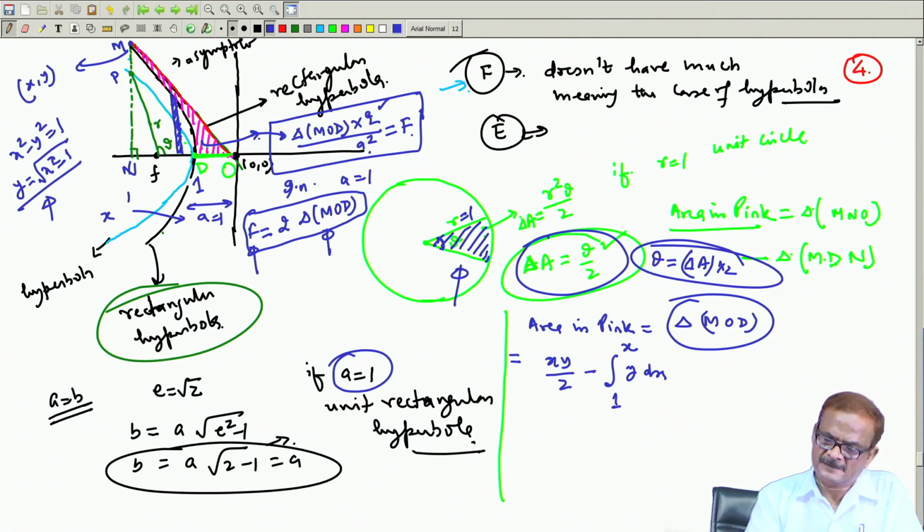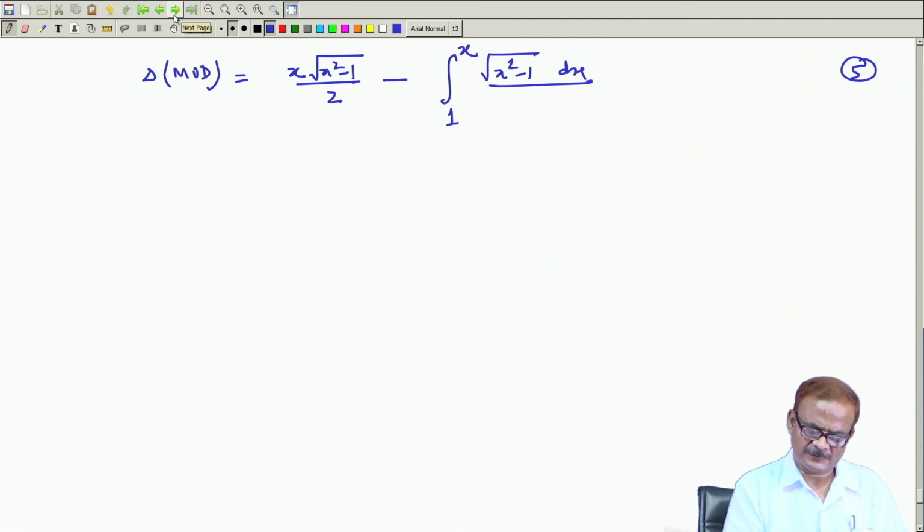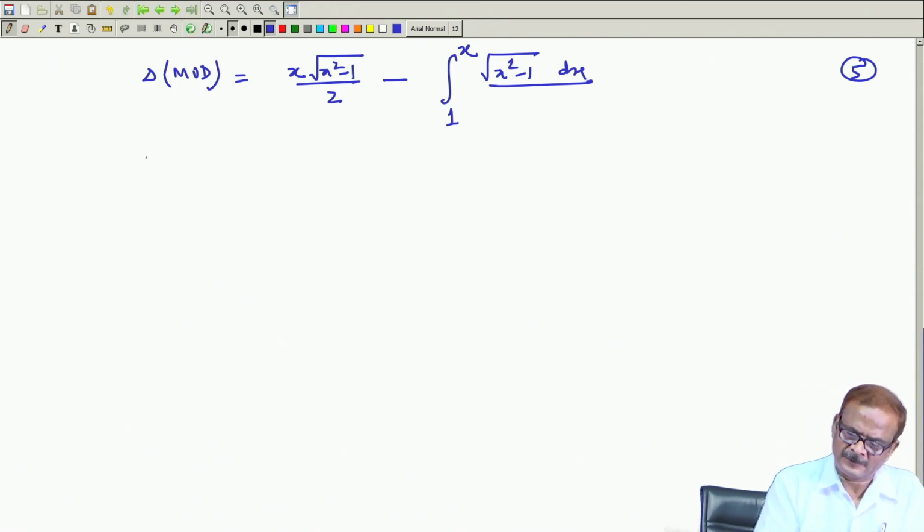Similarly, here in this case, this angle F is 2 times delta MOD, but here in this case we are not saying that this is the F angle. So, let us go further, then we will look at what exactly is happening here.